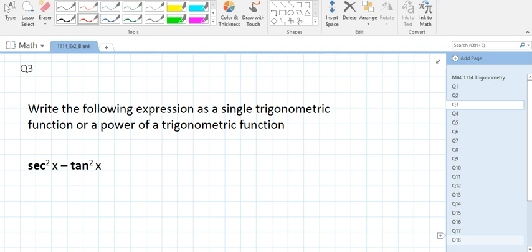All right. So again, single trig function or a power of a trig function. Notice it does not say anything about a constant this time, although it looks like in our multiple choice answers, it could be a constant. So poorly worded directions, but that's all right. So is there anything we know about secant squared x minus tangent squared x?